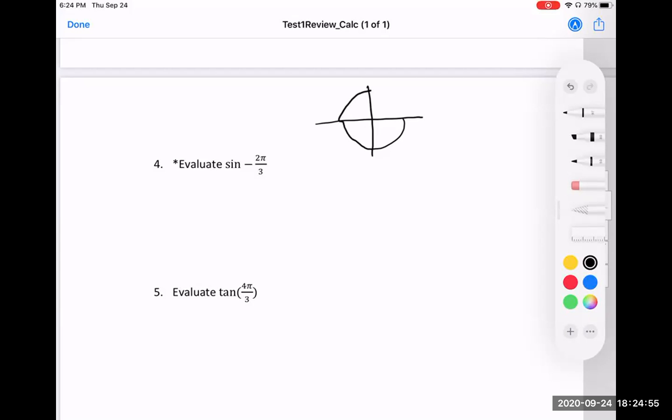So I'm at negative 2 pi over 3. What is this point? For my unit circle, it's the point 0, 1. Every point along the unit circle is given as your cosine value and your sine. So sine at 2 pi over 3 is 1.